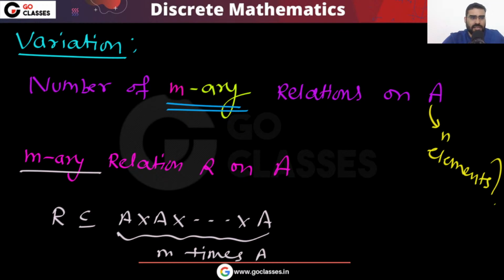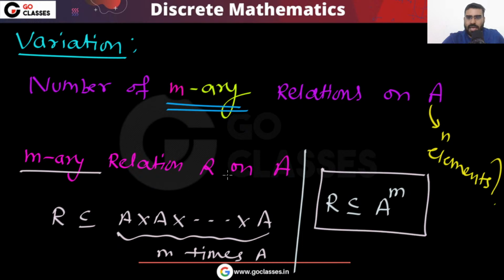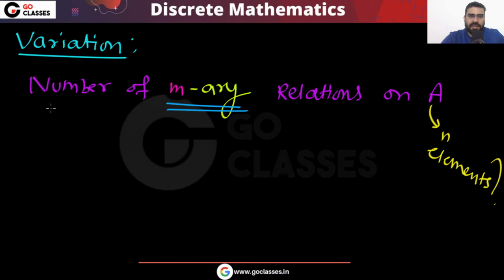In simple words, it is a subset of A power M. So finally, the number of M-ary relations will be 2 power n power m.